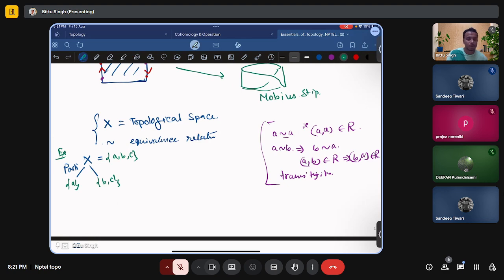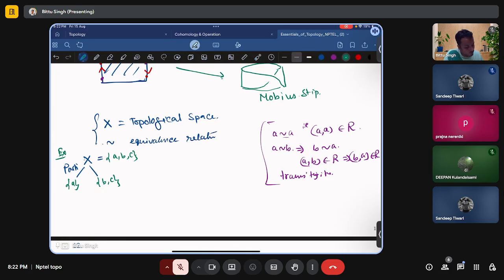So you can define the equivalence relation as A related to A. If something belongs to that set, those two are related. For example, B and C are related.